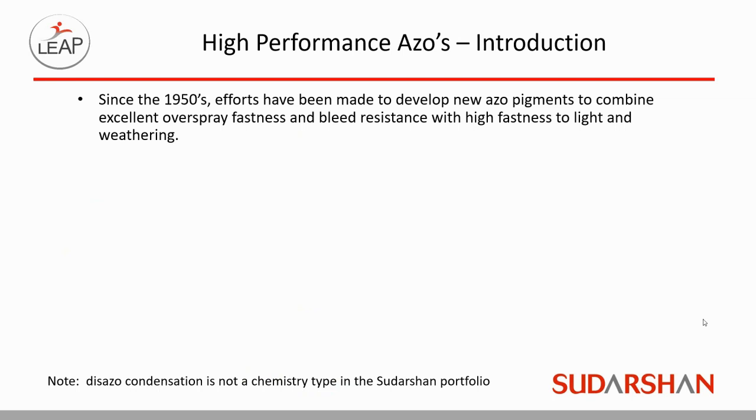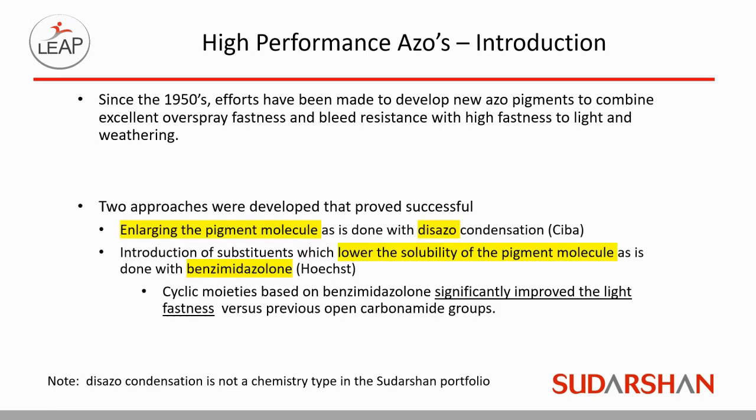As the name implies, the chemists, very smart folks, wanted to develop a new chemistry to improve upon the technical properties of the classical azos, primarily in bleed resistance and fastness to light and weathering. So two approaches were taken. The first approach was the disazo condensation approach, which enlarged the physical pigment molecule.